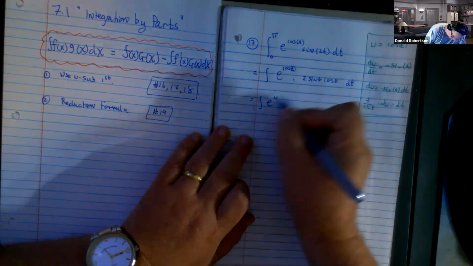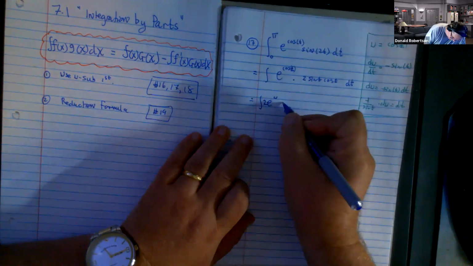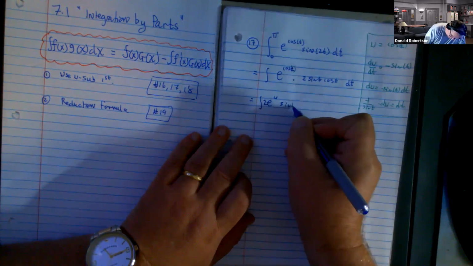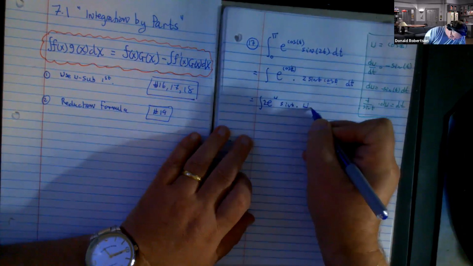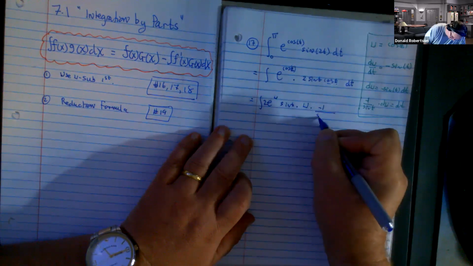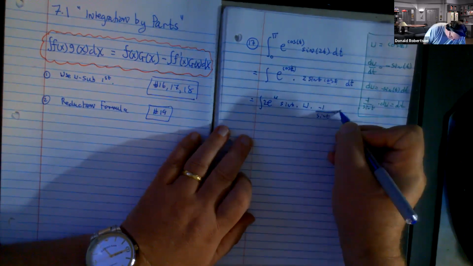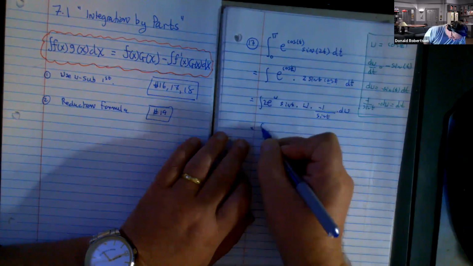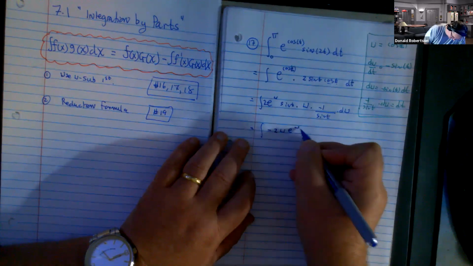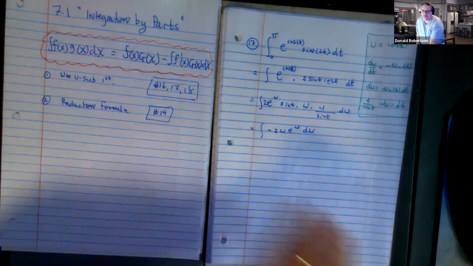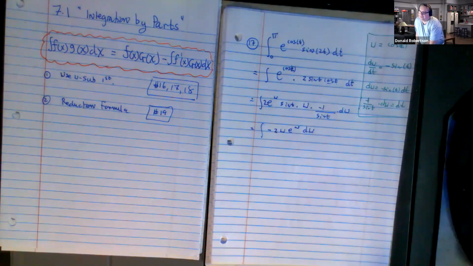I'm going to stick that 2 there because it looks nicer. We're going to have sine t times u, negative 1 over sine t du. Almost like magic. It works, doesn't it? It comes out quite nice. All the cosines are replaced by u. The sine t's get cancelled out, and you're left with that.